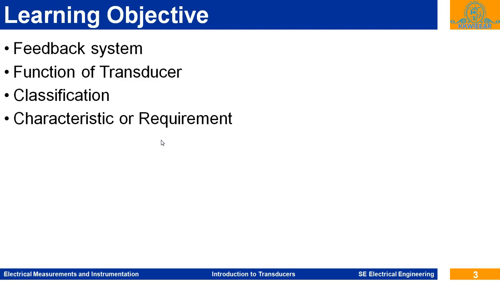So at the end of this lecture, you should be able to describe what a closed loop system or feedback used in an industrial process is. You should be able to state the functions of a transducer, classify the transducer, and based on its characteristics, select the proper transducer for your operation.